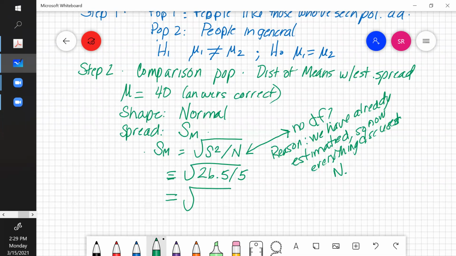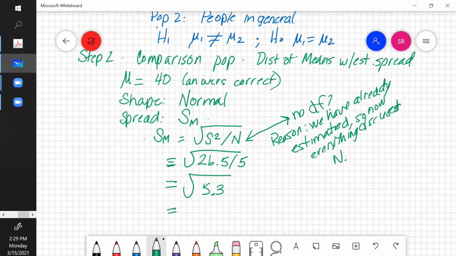So we take 26.5 divided by 5 to get our variance for the distribution of means, and that equals 5.3. Now we take the square root of 5.3, and that equals 2.30.